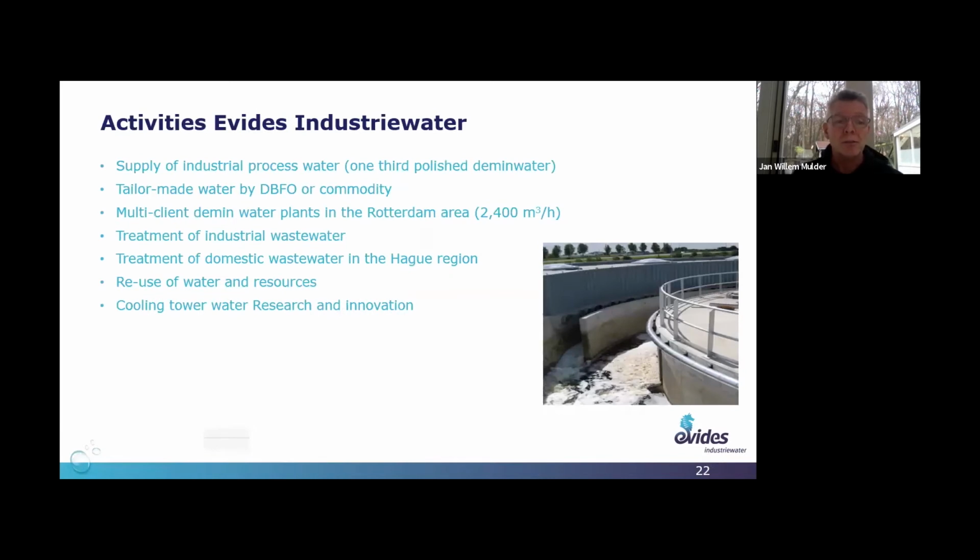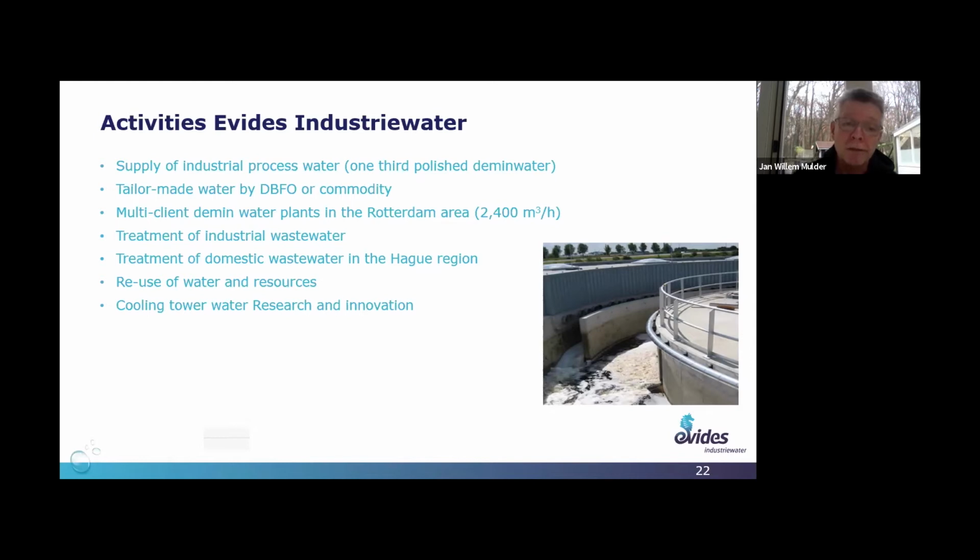Before I focus further on circularity, it's good to know who Evides Industriewater is and what our activities are. We are active in the supply of industrial process water, which can be any quality that an industry wants. It's mainly demi-water, and one third is even polished demi-water up to ultra pure. We do that mainly by DBFO or commodity.